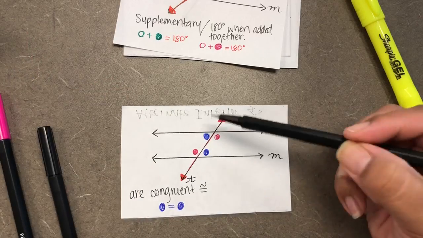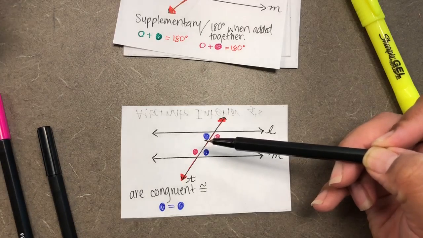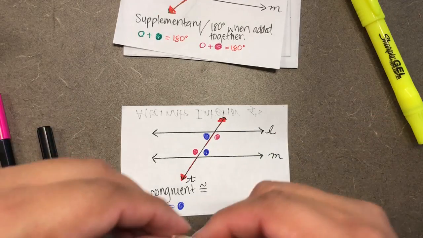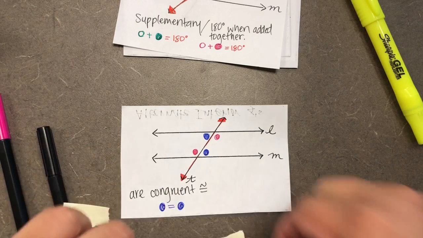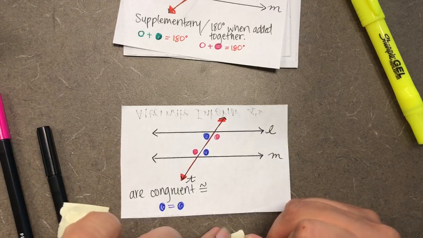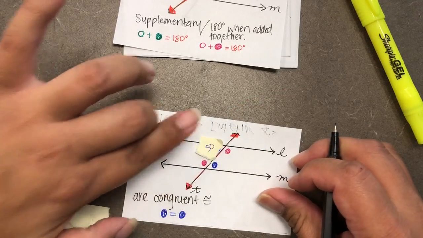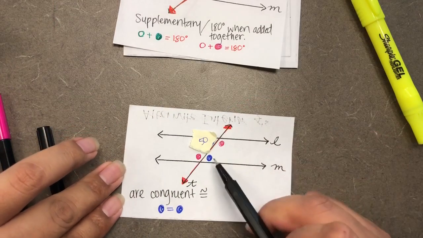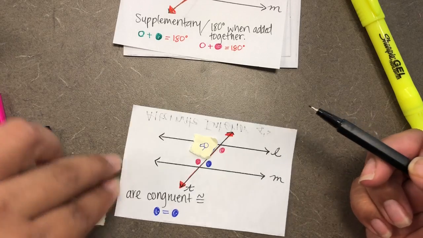So example, if you had a number here, let's say it is 50, okay? Let's bust out the power of the sticky notes or pieces of paper. You have 50 right here. Then what is the measure of this other angle? It would be 50 as well, okay?